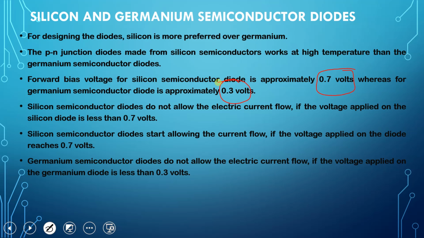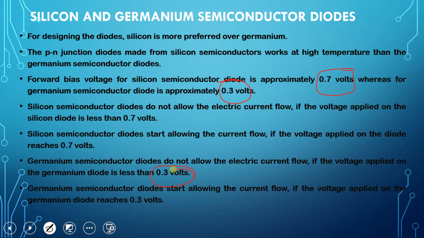Then a germanium semiconductor diode does not allow the electric current to flow if the voltage applied on the germanium diode is less than 0.3 volt. Germanium diode is also working at 0.3 volts. Germanium diode starts allowing the current flow if the voltage applied on it reaches 0.3 volts.